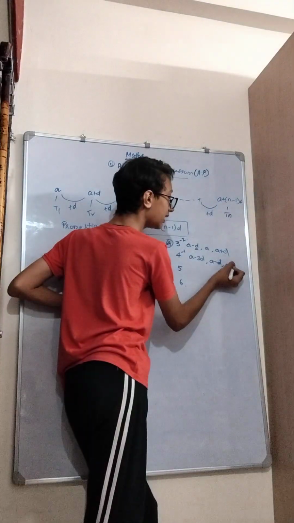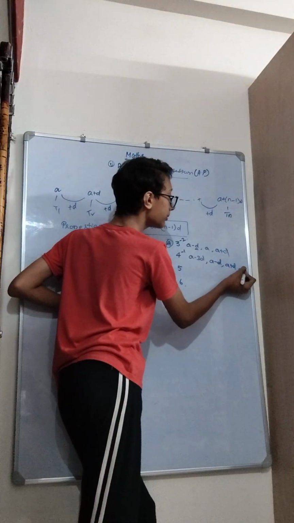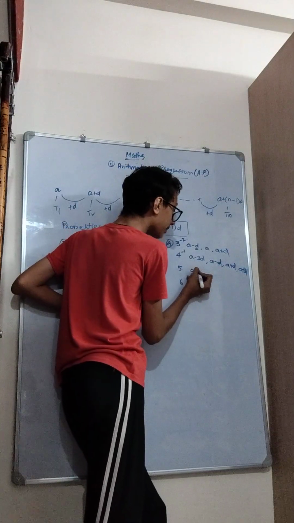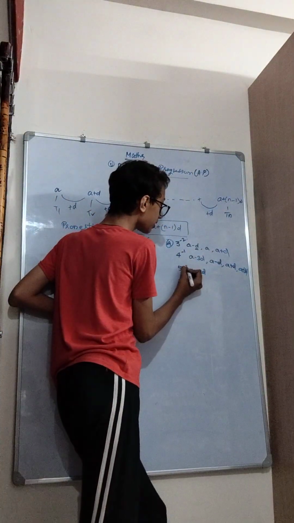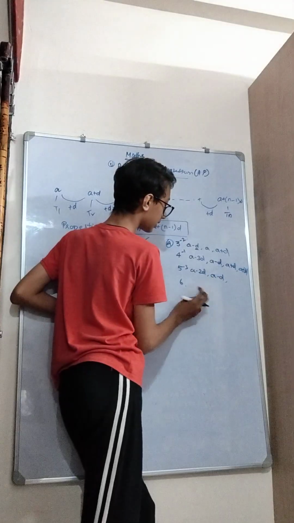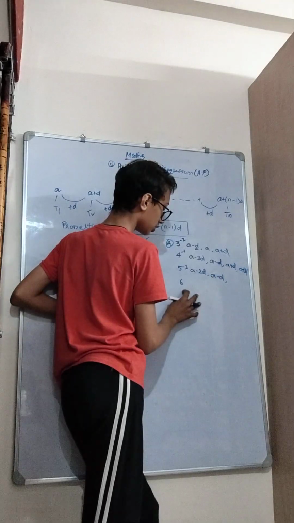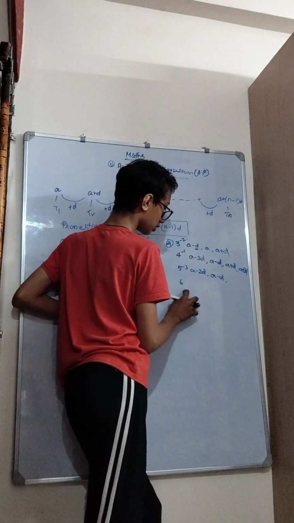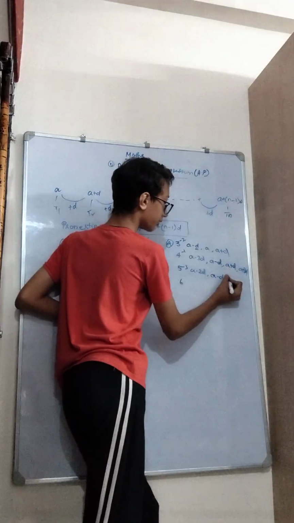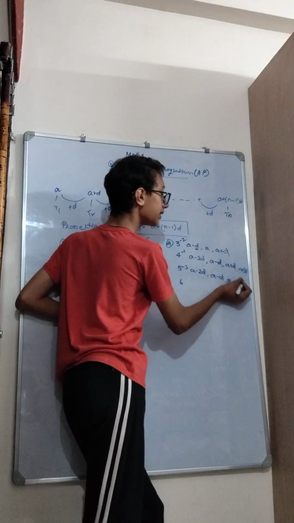So a plus d and a plus 3d. So all of them have a difference of 2d, right? Then 5 terms has a minus 2d. So this is minus 3. So then this will be the resulting sequence.